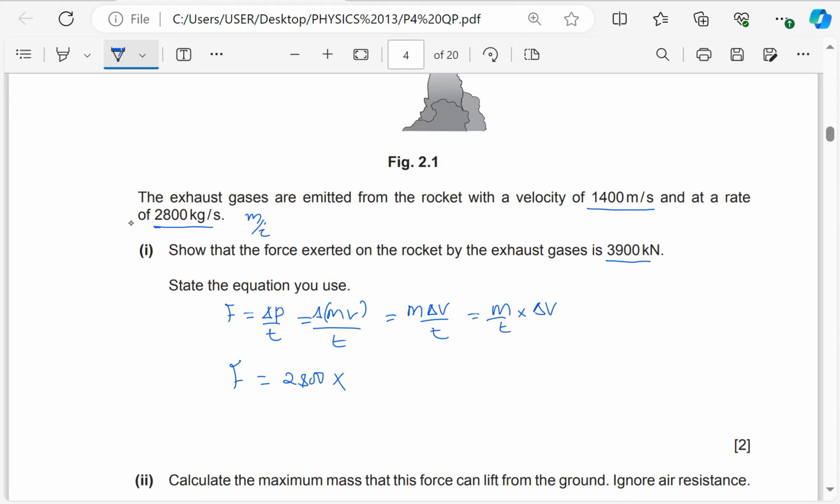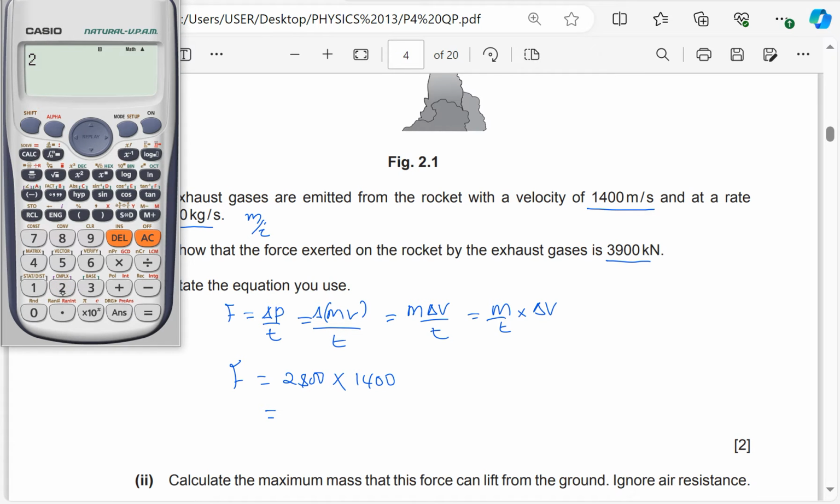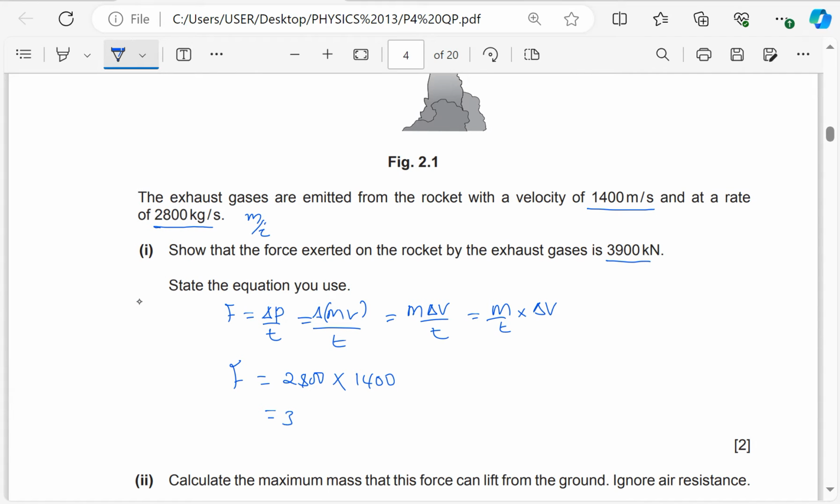So this is going to be 2,800 times 1,400. If I press my calculator, this is 3,920,000 newtons.